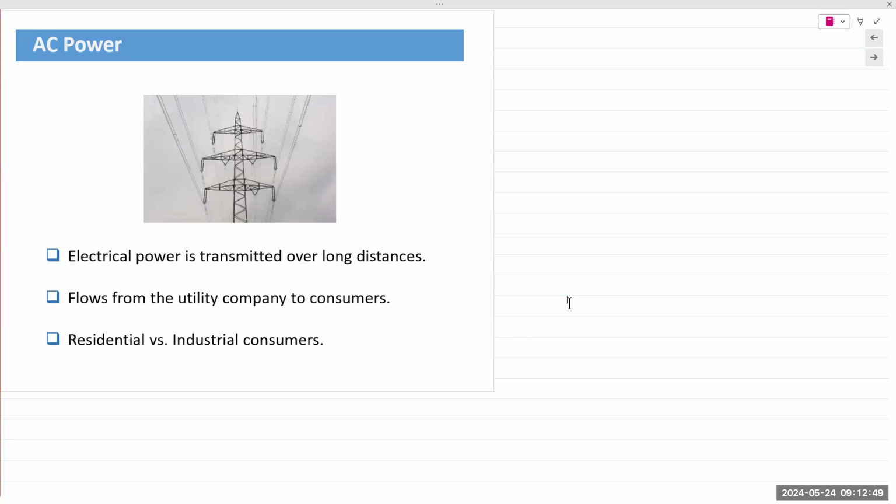Consumers are of two kinds, industrial and residential. This matters because most industrial customers have inductive loads because they're running electric machines, sometimes non-stop, 24 hours a day, 7 days a week, depending on the environment. Residential usage, very minimal.